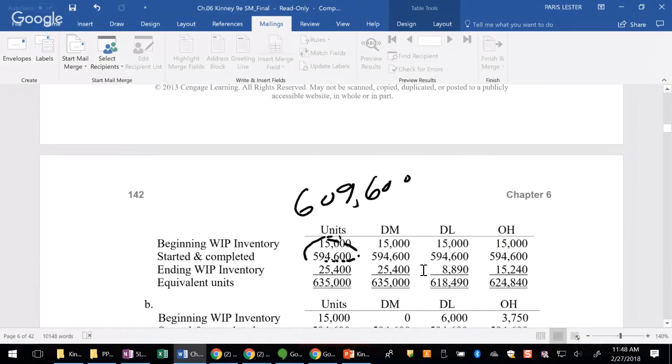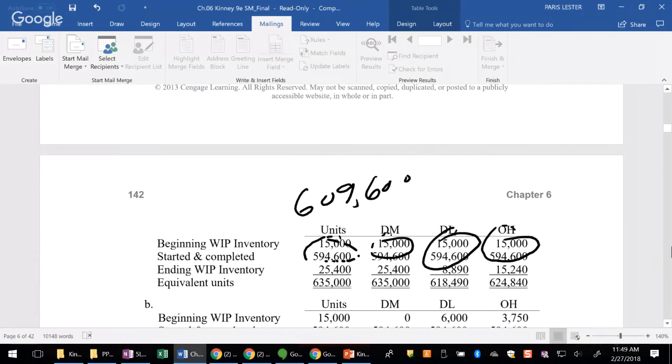All of these will add up to the work up here, does it? My pen doesn't work on the screen and my chair's trying to run away. But any of these up here will add up to 609,600. They're not taking any percent from beginning inventory.